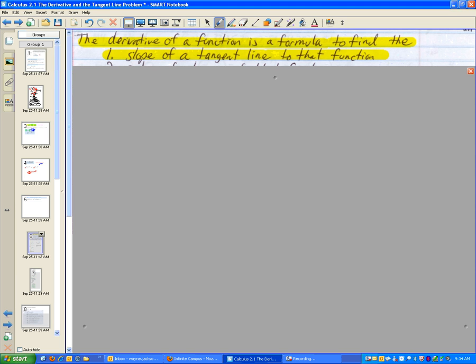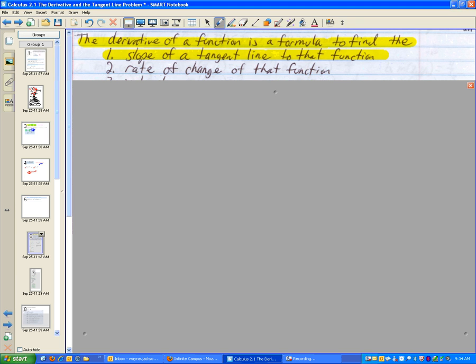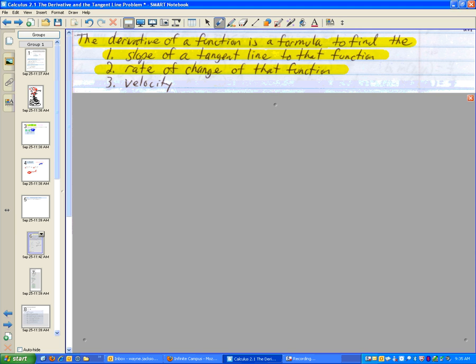The derivative of a function is also a formula to find the rate of change of that function. And if the function gives you the position of a moving object, then the derivative is a formula to find the velocity of that object.